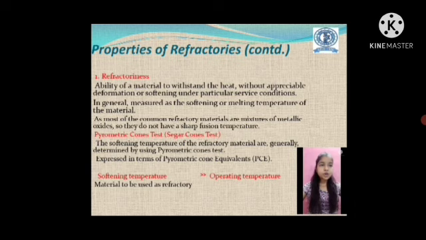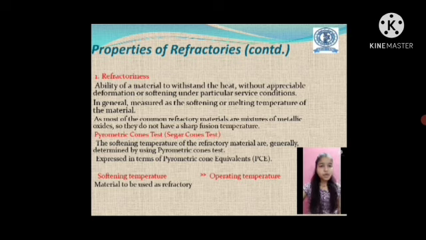So next, properties of refractory. The first property is refractoriness: the ability of a material to withstand heat without appreciable deformation or softening under particular service conditions. In general, it is measured as the softening or melting temperature of the material. As most common refractory materials are mixtures of metallic oxides, they do not have a sharp fusion temperature.